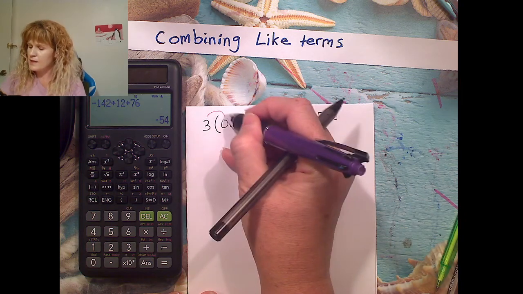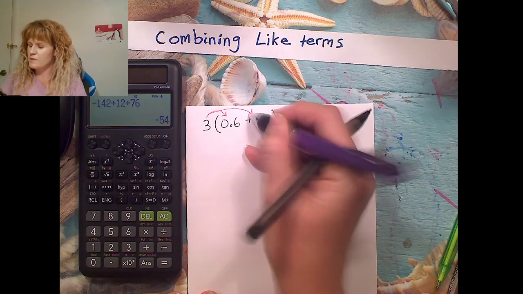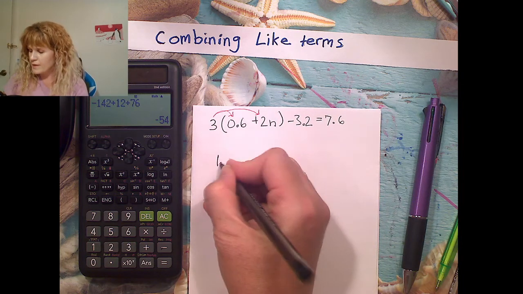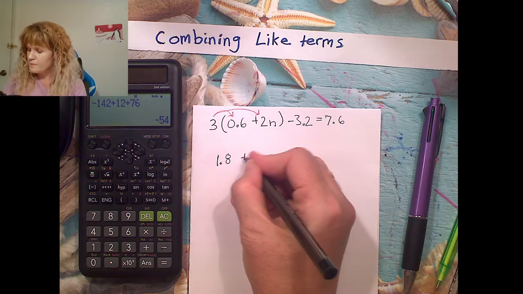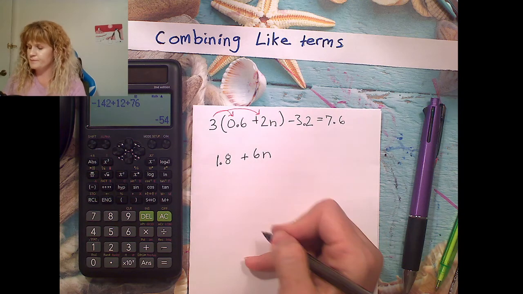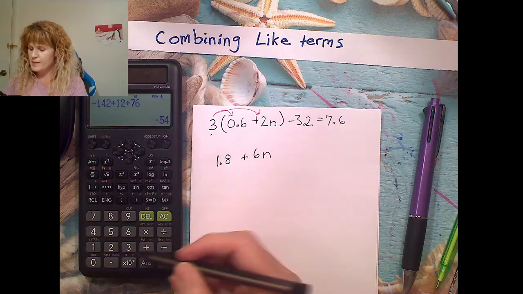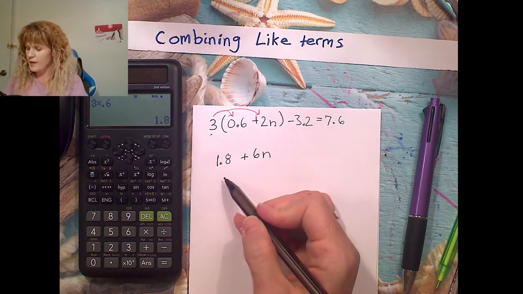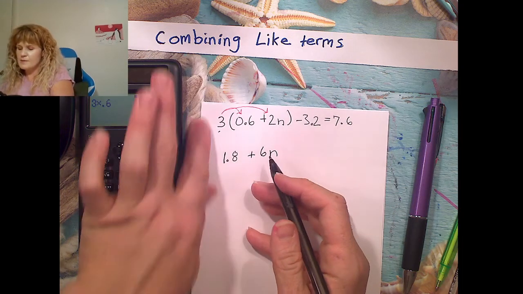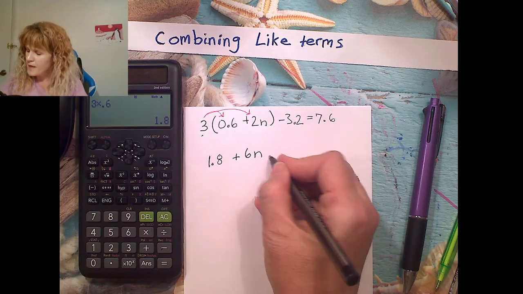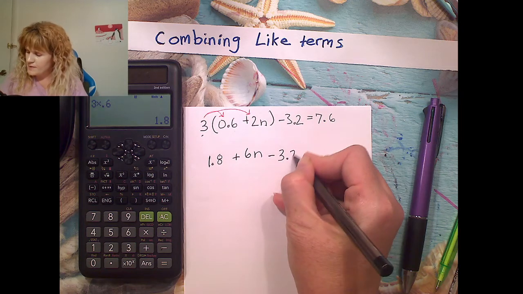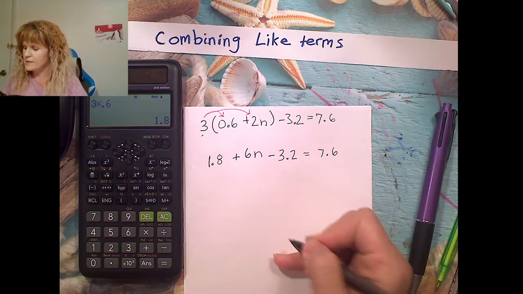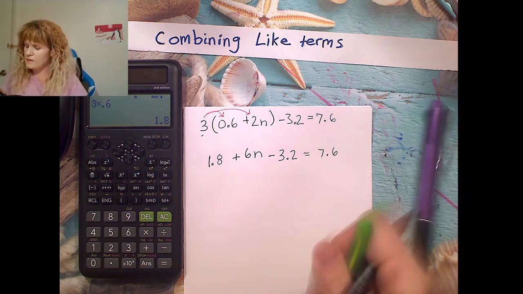Okay, so 3 distributes throughout the parentheses, and I get 1.8 plus 6n. Because 3 times 0.6, I'll show you that in case you don't believe me, that equals 1.8, and 3 times 2n equals 6. And then I'll write down the rest of the equation. Minus 3.2 equals 7.6.